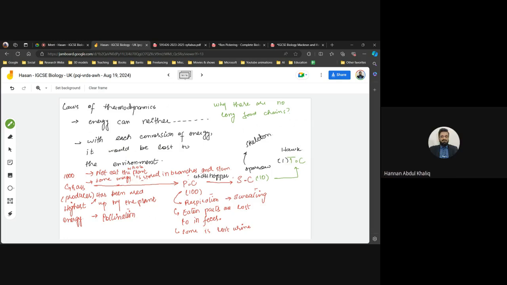Yes, the energy would no longer be enough to support the viability of organisms.